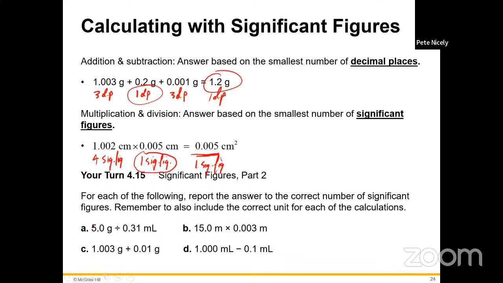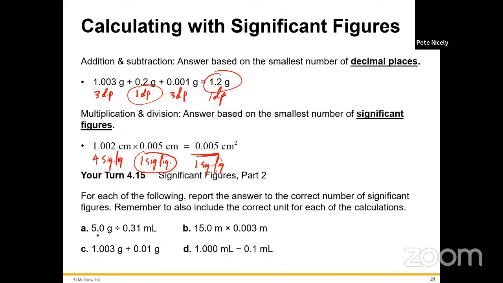We're dividing 5.0 by 0.31. When I did that on my calculator, I got 16.129 and a whole string of digits. So the question now becomes, to what extent do we round this off? Well, remember, for dividing and/or multiplying, you have to round off to the lowest number of sig figs, right?